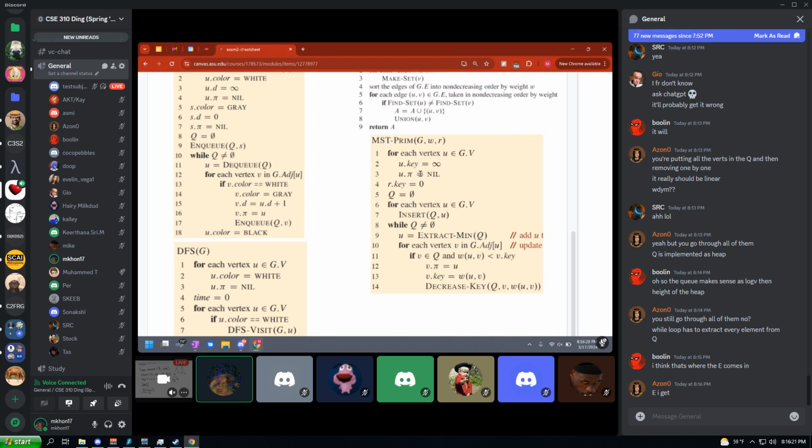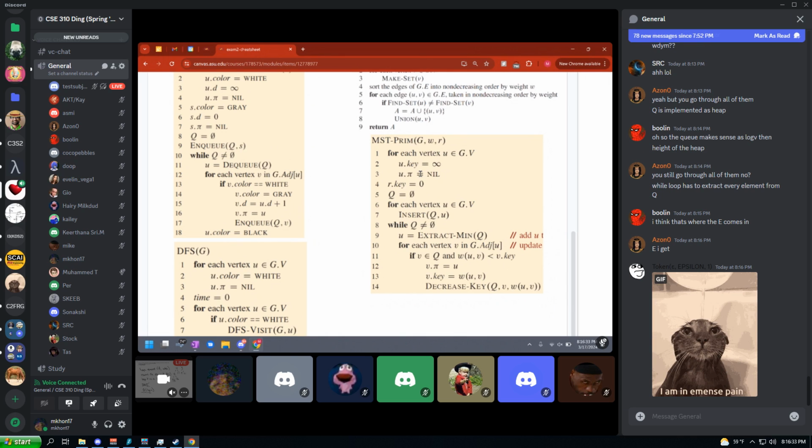So that makes sense. I'm trying to go through the code bit by bit. And then you just have an if statement, which is fine. You call decrease key. Oh, wait, it's because decrease key is inside it. That's why there's a log V, because decrease key is in it, and that's log V, isn't it?